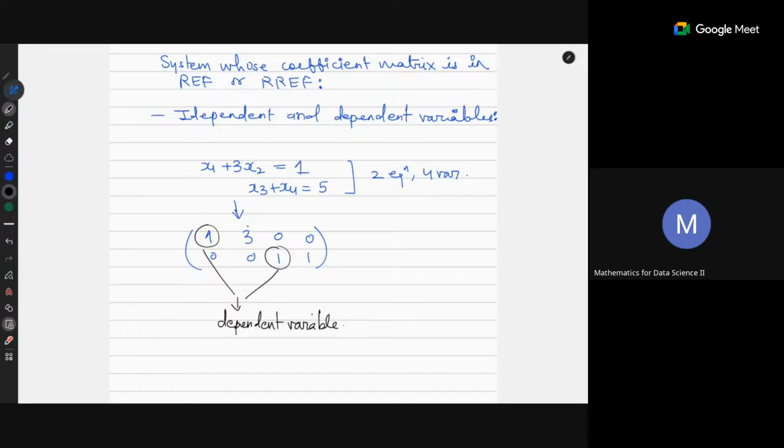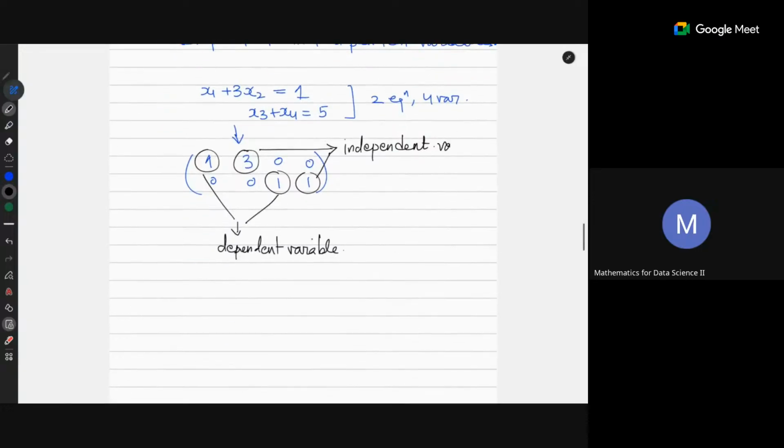Let's stick to RREF or REF; you can work with either, but let's work with the RREF form. And all the other variables which are not dependent are called the independent variables. Why are they called independent and dependent?